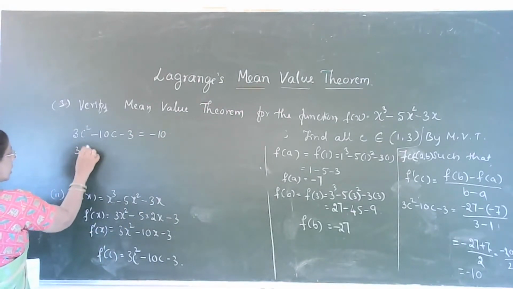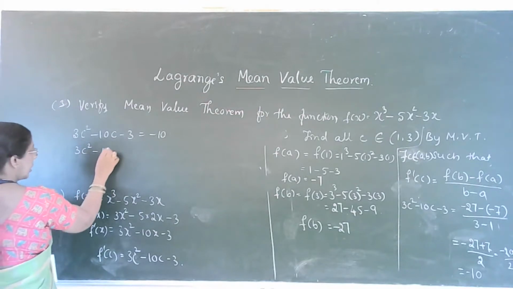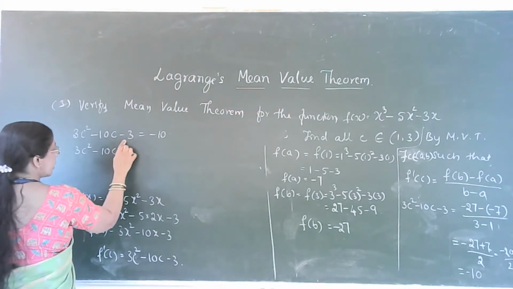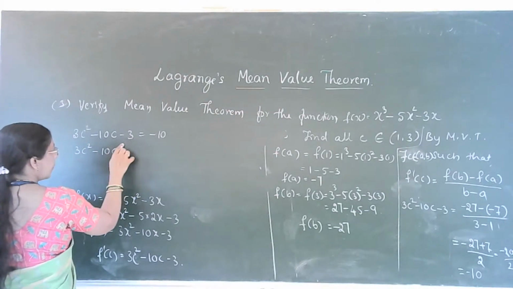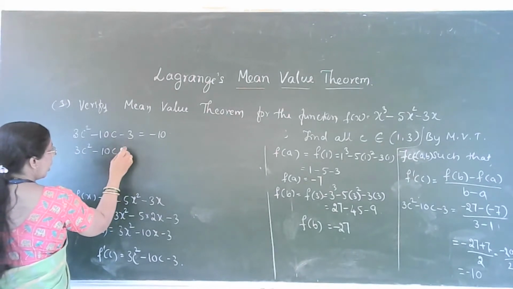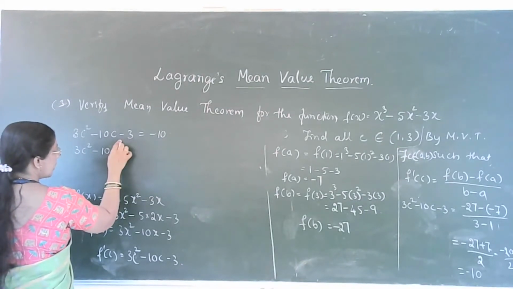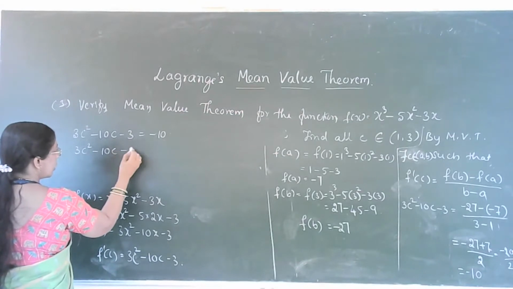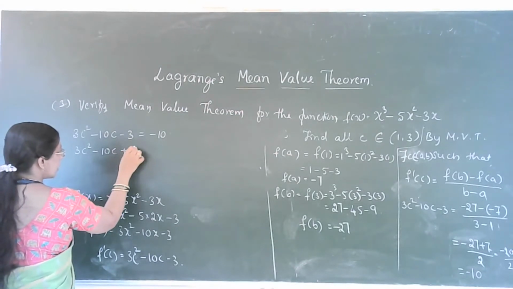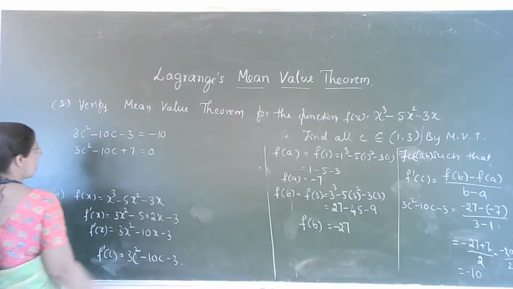Then 3c square minus 10c, where minus 10 becomes plus 10 on the LHS side. Therefore, plus 10 minus 3 is equal to plus 7, which is equal to 0.